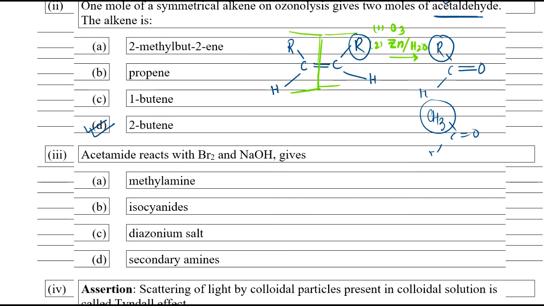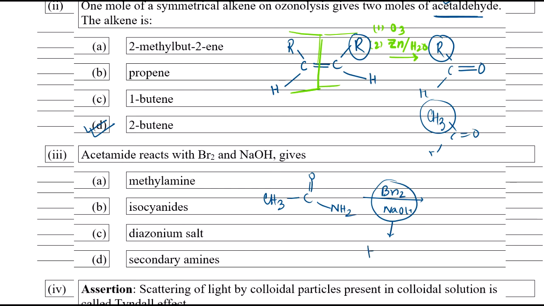See the next question. Acetamide reacts with bromine and sodium hydroxide. So our preliminary compound is acetamide, CH3CONH2. It will react with Br2 NaOH. First of all, you have to identify which reaction the reagent is for, and here an amide is present, and an amide can go through various reactions, among which one of the reactions is Hofmann bromamide degradation.